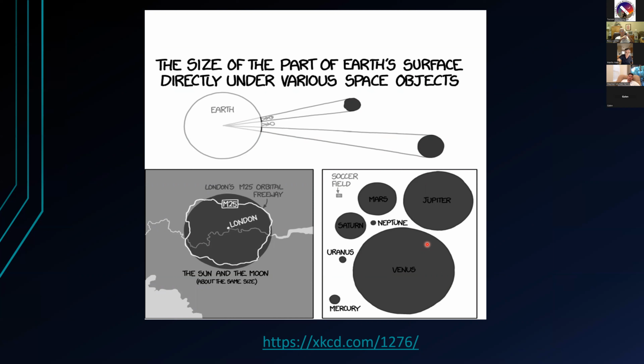And on the right, we have a soccer field in this corner, followed by the shadows of the various planets in our solar system. So if you could somehow see the shadow that Venus cast on the Earth, it's actually quite large, probably the size of a couple football stadiums. So it's always nice to put different things into perspective.